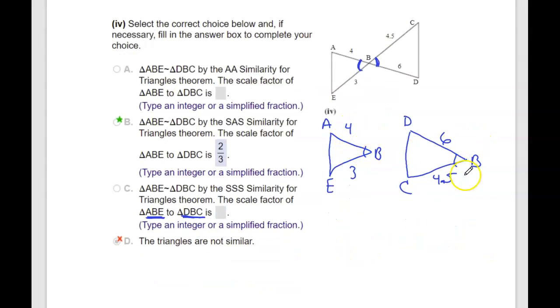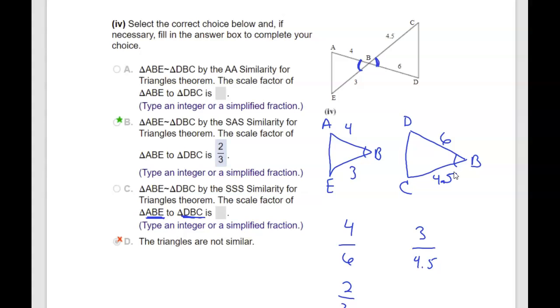So I do have an angle that's in common. Now let's check our sides. I have a 4 compared to a 6, and I have a 3 compared to a 4.5. Four over 6 will simplify into a 2/3.